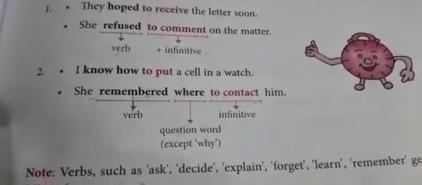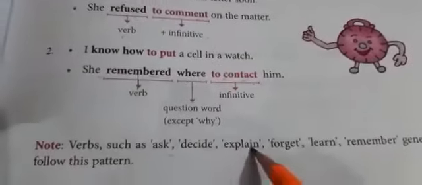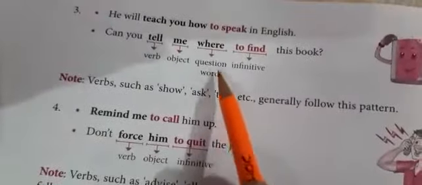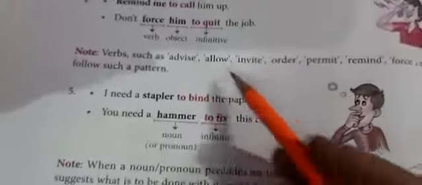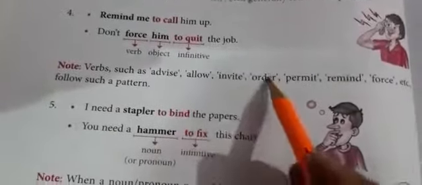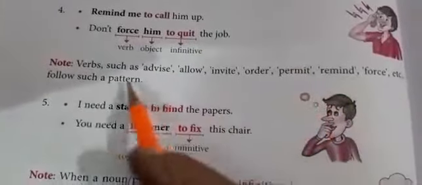Now verbs such as ask, decide, explain, forget, learn, remember generally follow this pattern. And you will read all these examples where question word plus to infinitive verb. You will read all these words like advise, allow, invite, order, permit, remind, force, in such a pattern.